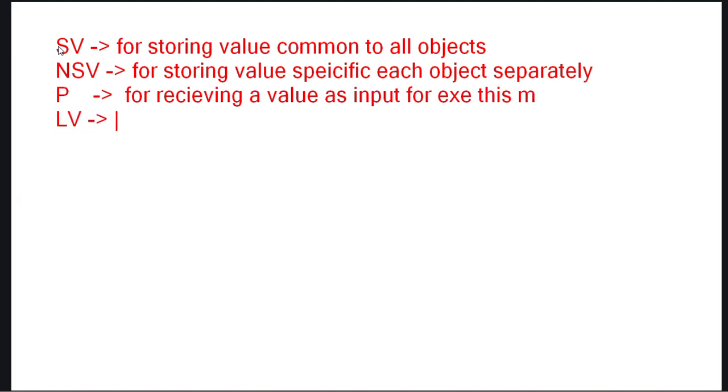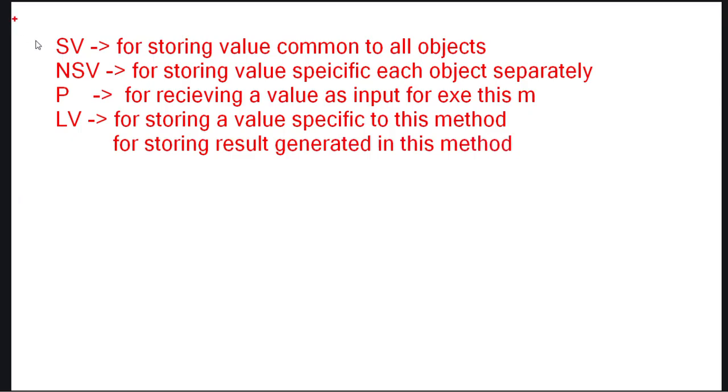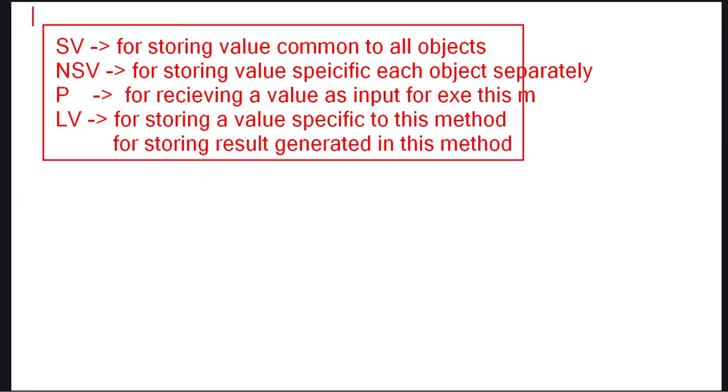Next, local variable for storing a value specific to this method, or for storing the result generated in this method. Okay. So this is what you call types of variables.